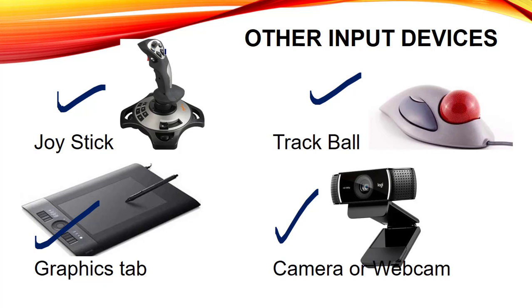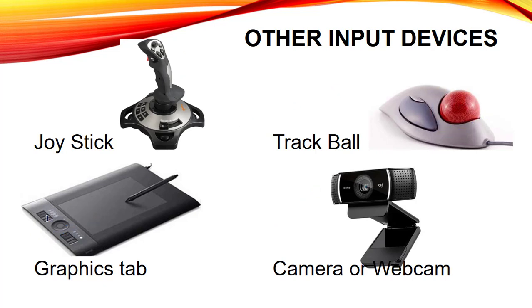In this joystick we have multiple buttons and then we have a movable head. Next we have a trackball. This trackball is generally used for navigation, or for controlling the pointer of our mouse. Here we have a ball-like structure. We have to move this ball to change the position of our cursor.